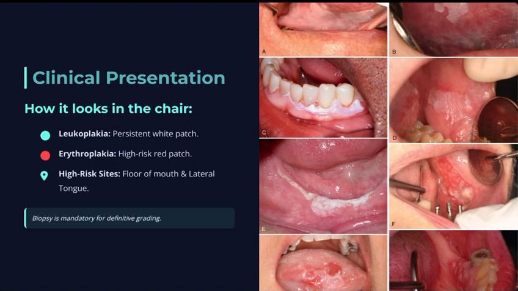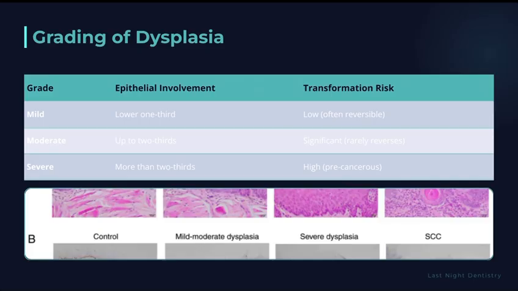Now moving to the grading of dysplasia. Now let's discuss grading. Dysplasia is divided into mild, moderate, and severe. In mild dysplasia, changes are limited mostly to the lower one third of epithelium. In moderate dysplasia, the middle layers become involved, and in severe dysplasia, most of the epithelial thickness shows abnormal changes.